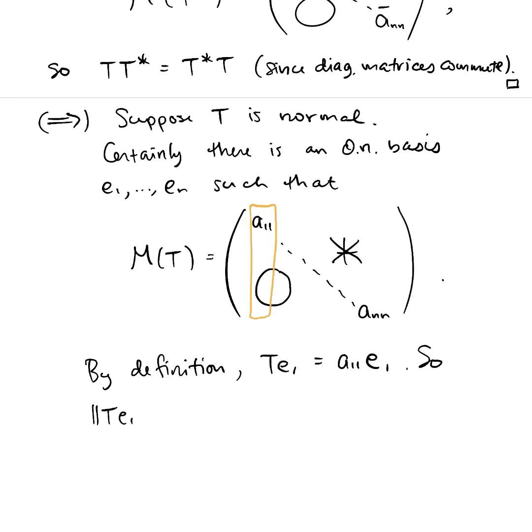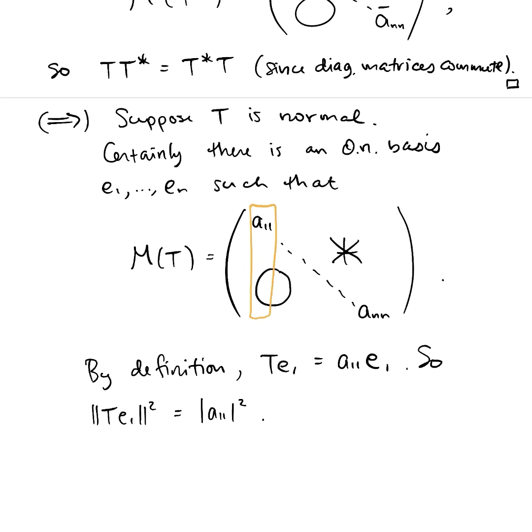And in particular, the square of the norm of T acting on E1 is just magnitude A11 squared. Okay, fine. But remember, in this direction of the proof, T is normal.